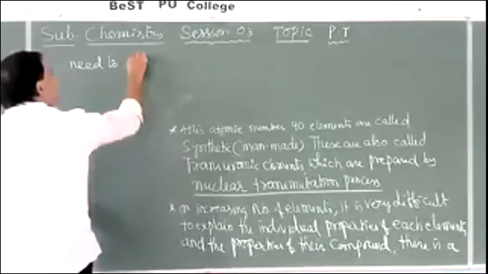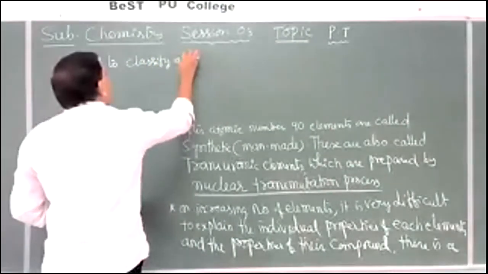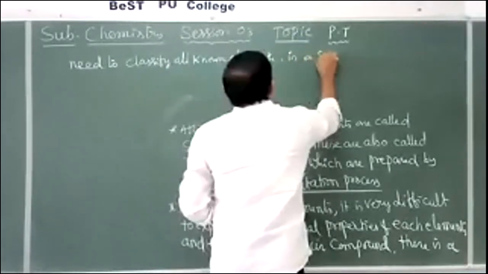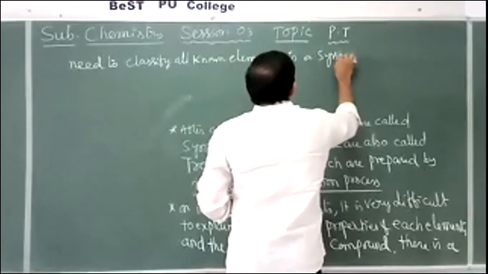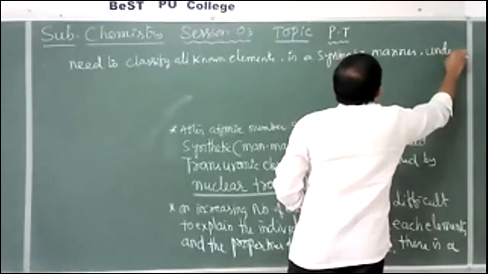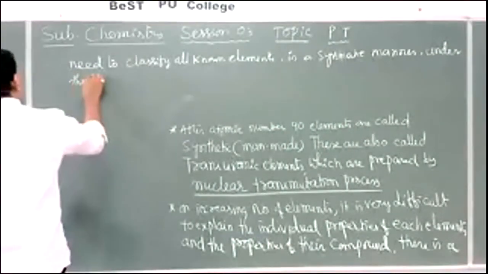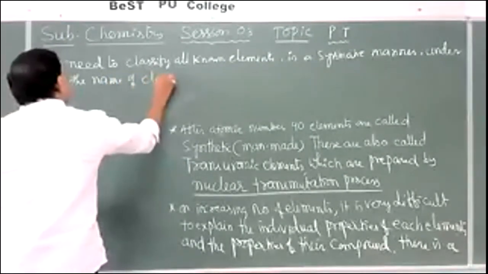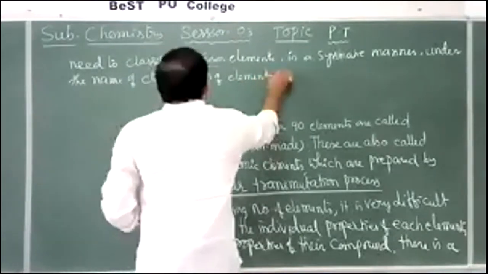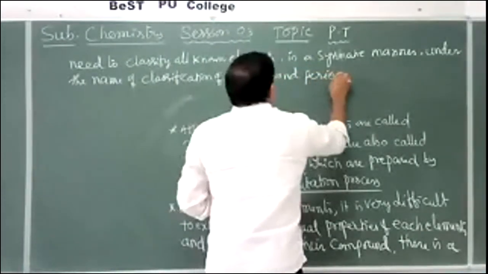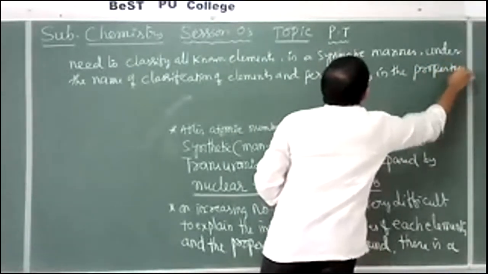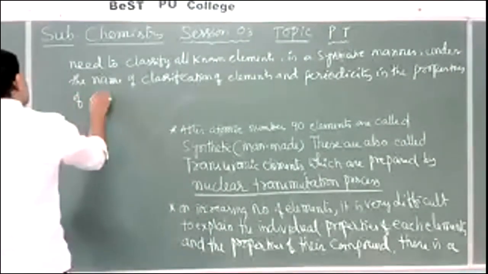There is a need to classify all known elements in a systematic manner under the name of classification of elements and periodicity in the properties of elements.